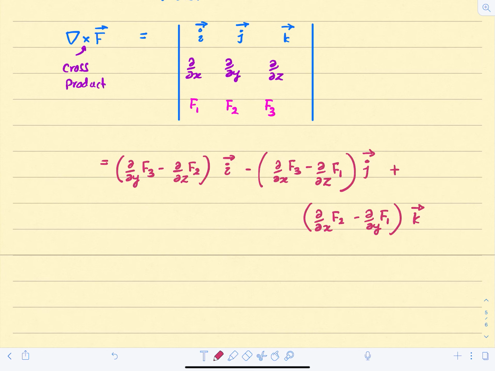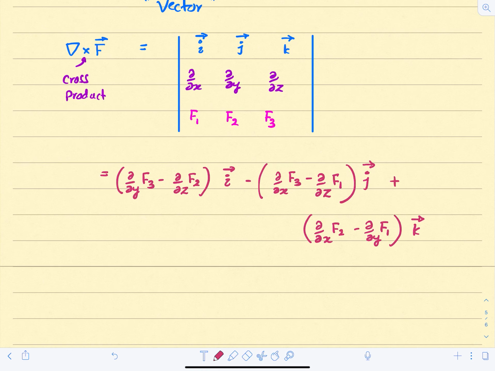And this is the way we define the curl of a vector field.